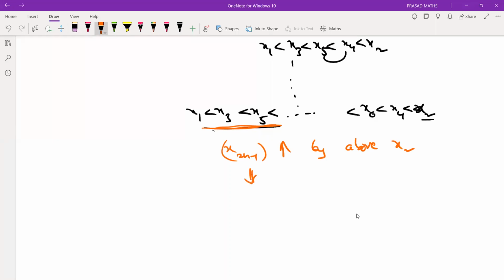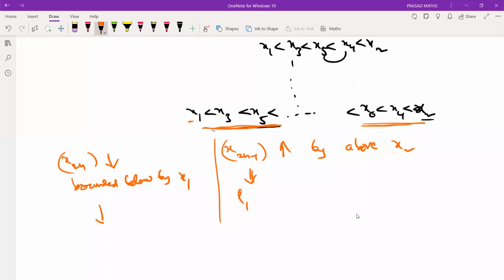So it converges by the monotone convergence theorem. Suppose you call it L1. The sequence x2n is decreasing and it is bounded below by x1. So by the monotone convergence theorem, it is convergent.